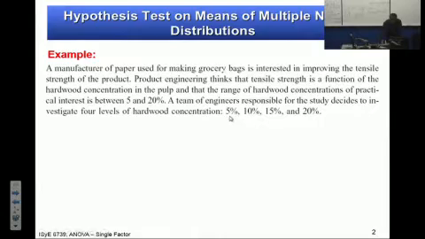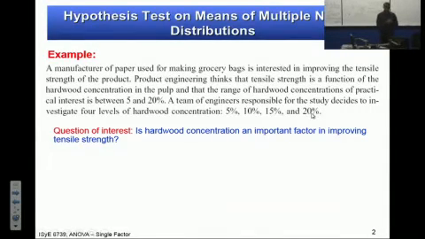They want to try 5% concentration, 10%, 15%, and 20%, and see if there is any difference between the tensile strength of produced paper bags or not. Okay? Does it make sense? So they have one factor, and the main purpose is: is hardwood concentration an important factor in improving tensile strength? Okay? How can we answer this question?